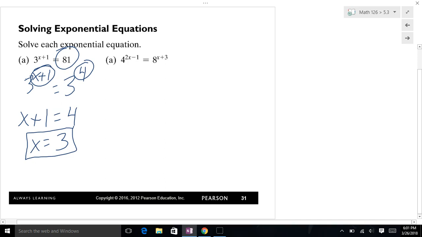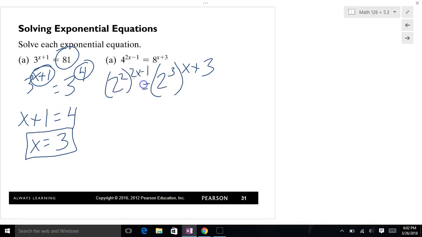Over here, not so simple, because you can't write that 8 with a base of 4. But you can write 8 with a base of 2. 8 is 2 to the 3rd. And you can write that 4 as 2 squared. Now, power over power, you're going to multiply those. So you're going to have 2 to the 2 times 2x minus 1 equals 2 to the third, x plus 3.